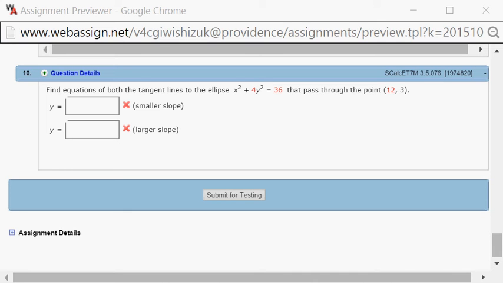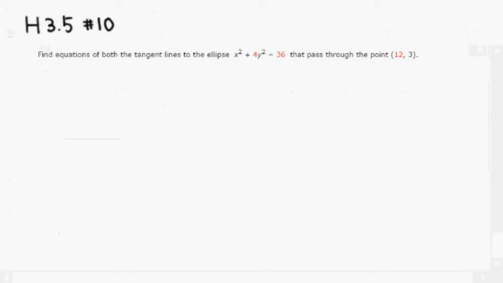All right, let's look at homework 3.5, problem number 10. We want to find the equations of the tangent lines to the ellipse passing through the point (12, 3).